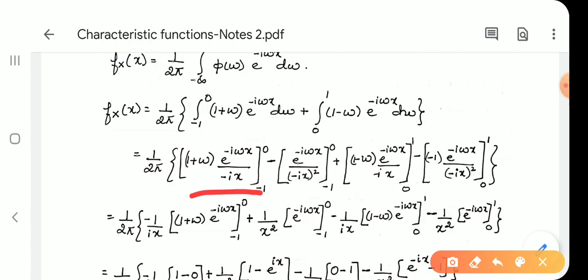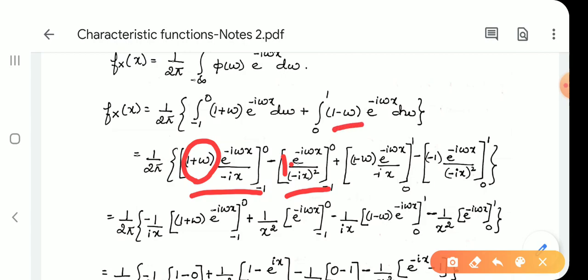Next, minus the differentiation of the first function, which becomes 1, into the integral of the second, which becomes e power minus i omega x divided by minus ix whole square, and apply the limit minus 1 to 0.